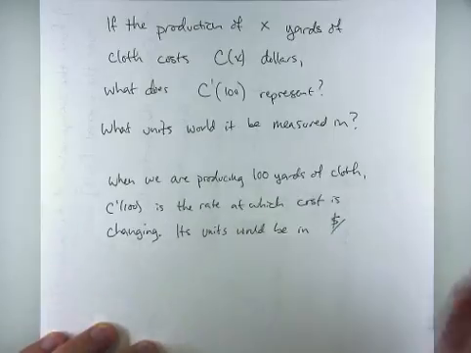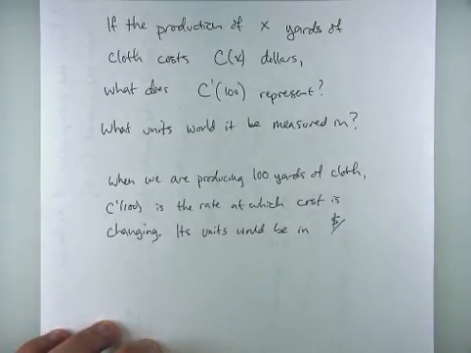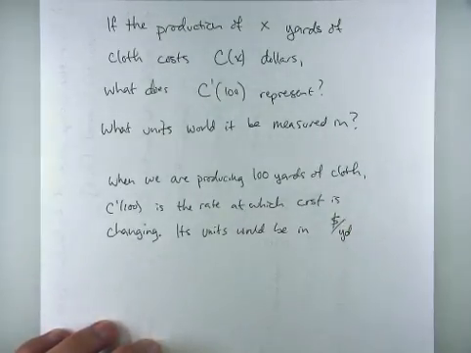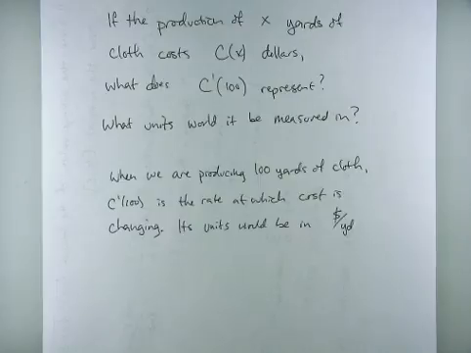And what we're measuring that change with respect to is how many yards we're making. So dollars per yard. Remember, it's always the change in the output over the change in the input. What we're effectively doing is taking an average rate of change over a very small period of time. So we're still going to see output units on top and input units on bottom. So dollars per yard.